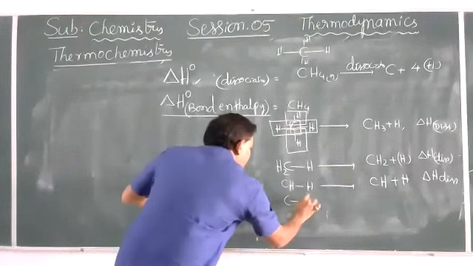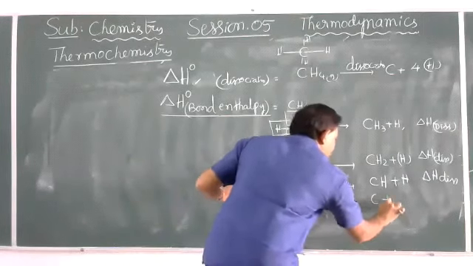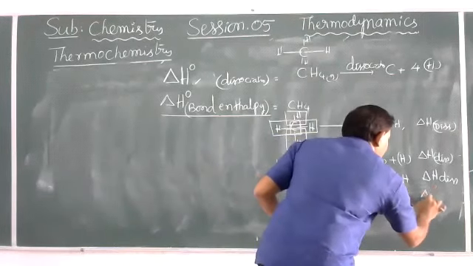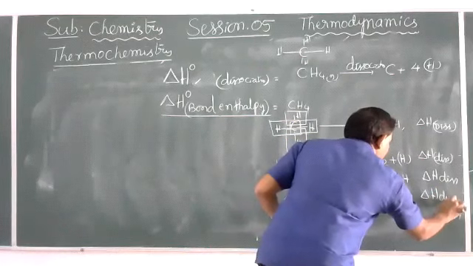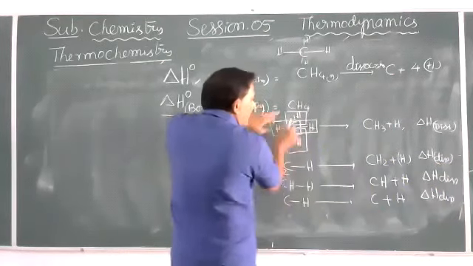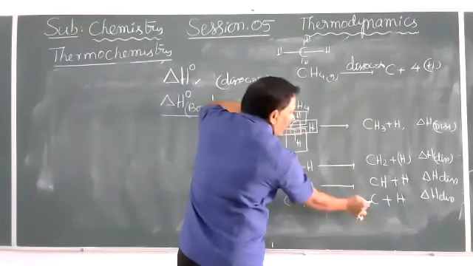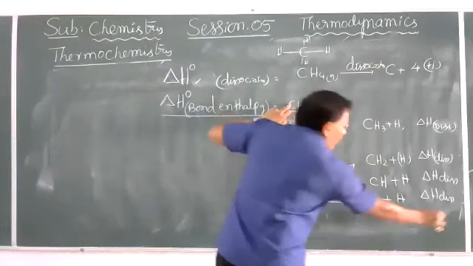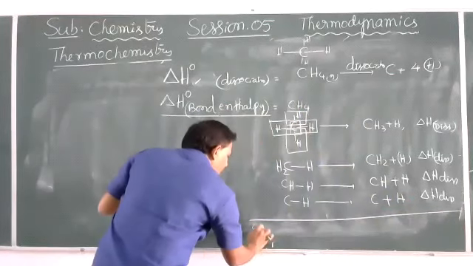Now CH gives C plus H. This is also a dissociation energy. So here CH4 is converted into carbon and 4 hydrogen atoms. How many steps are required? 4 steps.